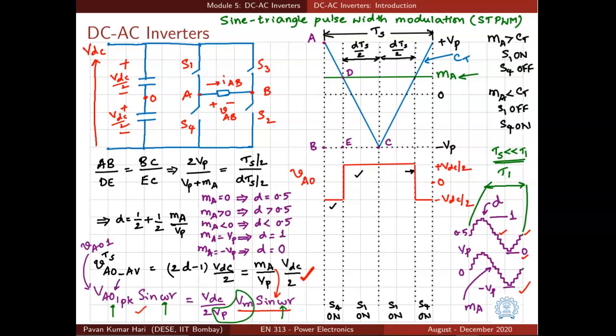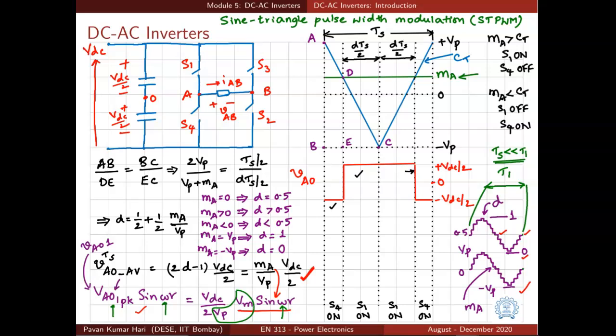And this sinusoidal wave is popularly known as the modulating function, because this is the function which is used to modulate the width of the pulses. The other function, with which this modulating function is being compared, the triangular wave here, is known as the carrier wave or carrier function.